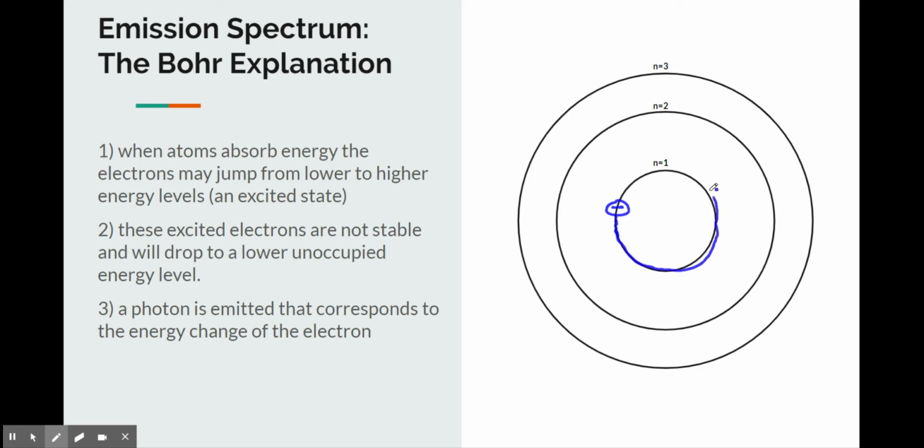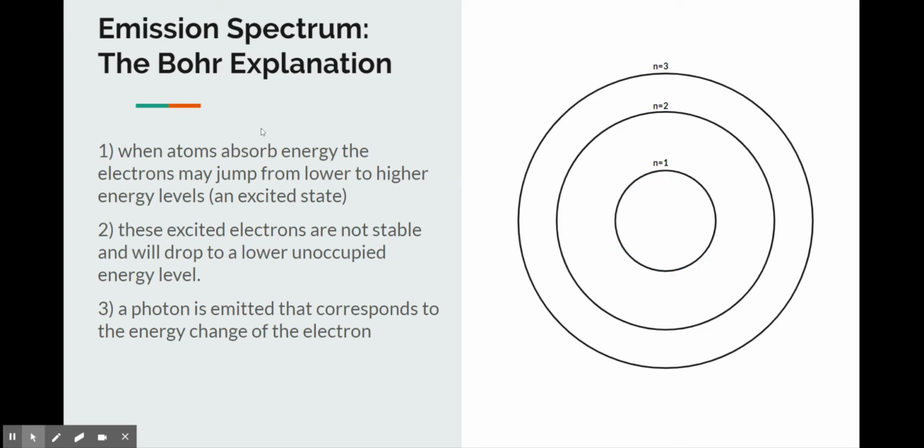From your studies in chemistry, you know that when things are in their ground state, you can have as many as 2 electrons in the first energy level. Then you'll start filling up the second energy level, etc. And so we have Bohr to thank for this idea of these energy levels, these places where electrons can exist. They can be in this energy level or this one, but they can't be in between.